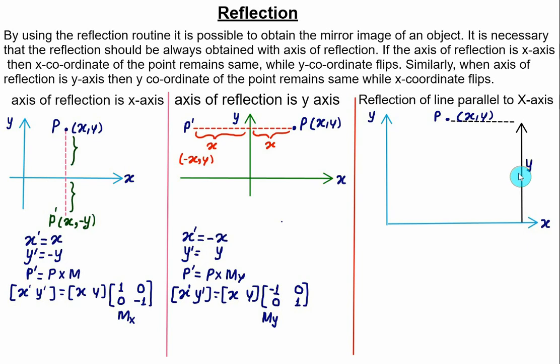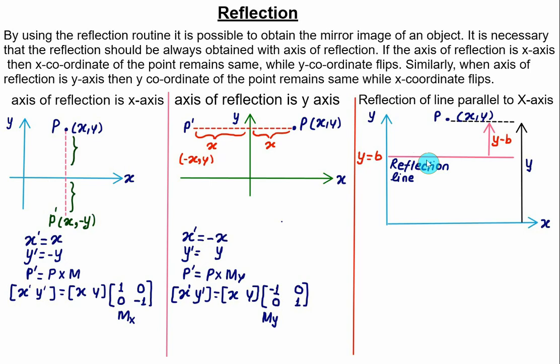And we have to show one reflection line which is parallel to the x-axis. Suppose the reflection line is given as y equal to b. So all the y-coordinates of this line will be equal to b. So point P is from the reflection line at a distance equal to y minus b.